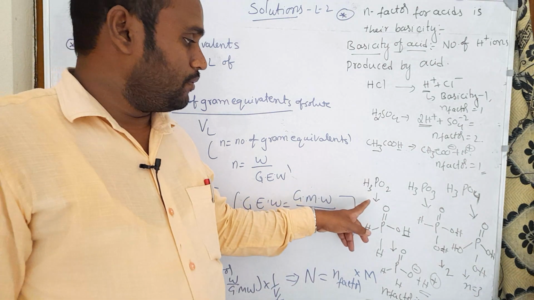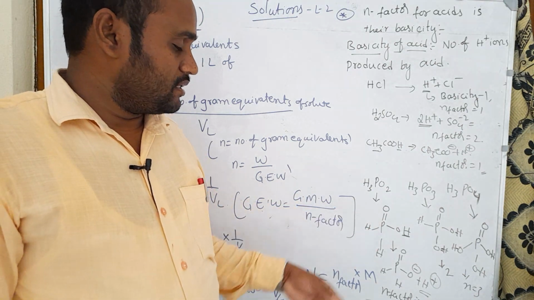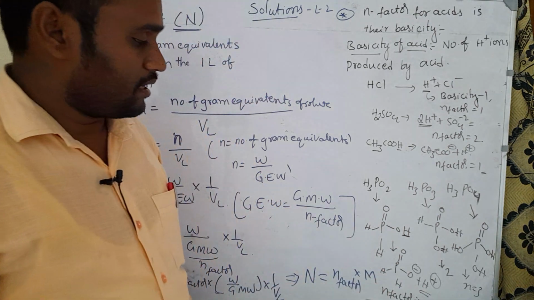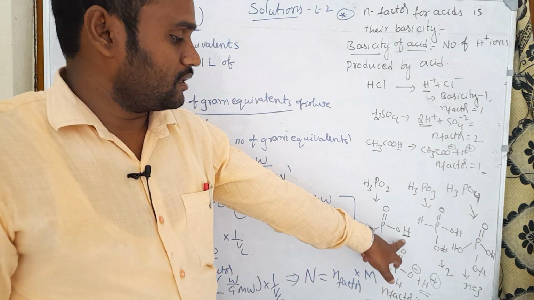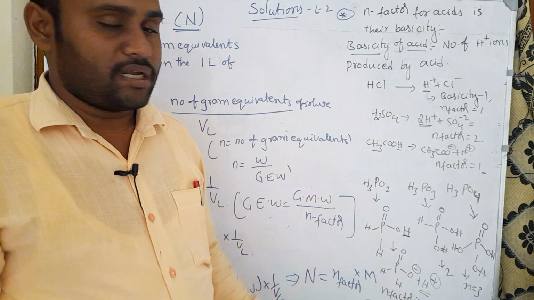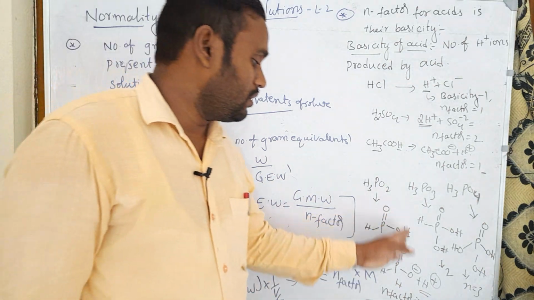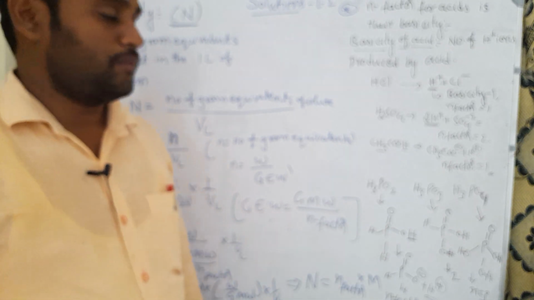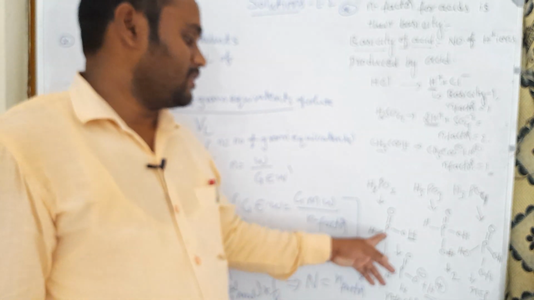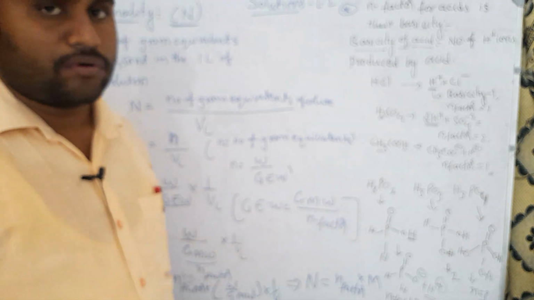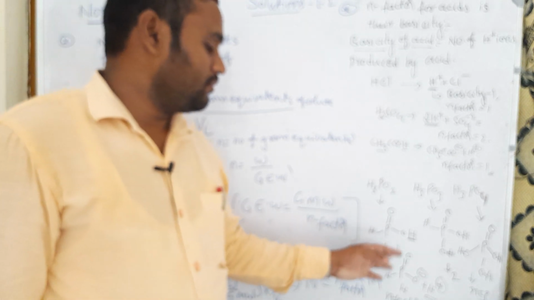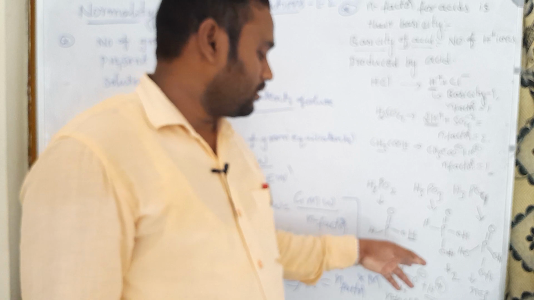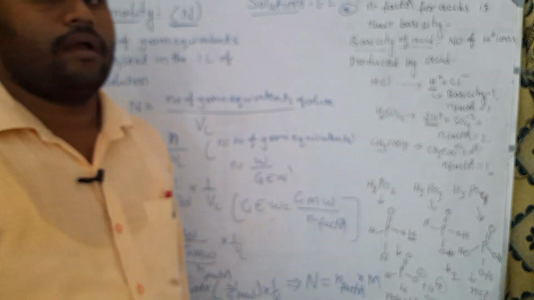In H3PO2, how many hydrogens are there? 3 hydrogens, but it produces only 1 H plus ion because of its structure. In this structure, only 1 hydrogen is directly connected to oxygen, so only that one is replaceable, but these are not replaceable. Why? Because hydrogen and phosphorus have nearly the same electronegativity, so this bond is not going to cleave, but the O-H bond is going to cleave and produce H plus ions.